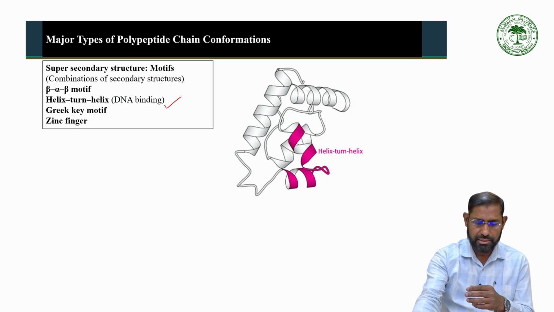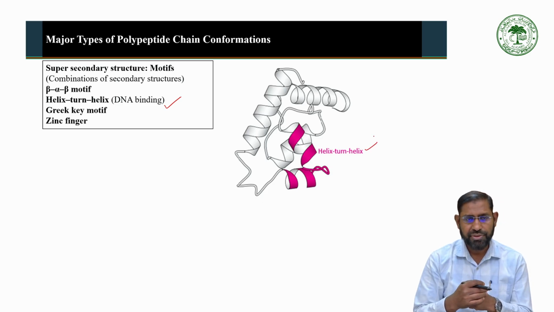This is a helix, then a turn, then a helix. Then we have the Greek key motif and also zinc finger proteins. Zinc finger proteins have a helix and a zinc component attached to the finger. Many transcription factors are zinc finger proteins.